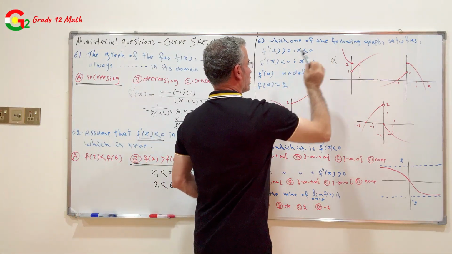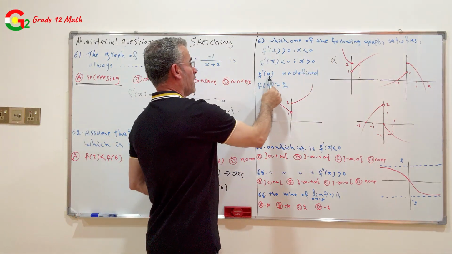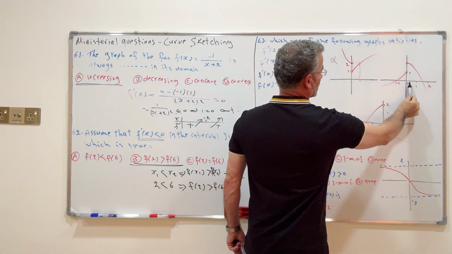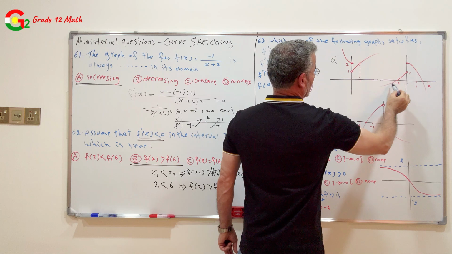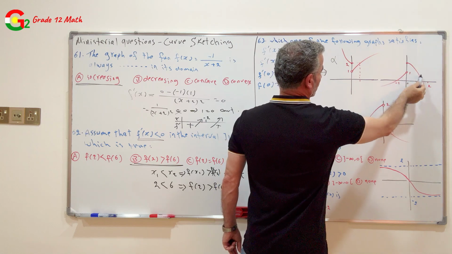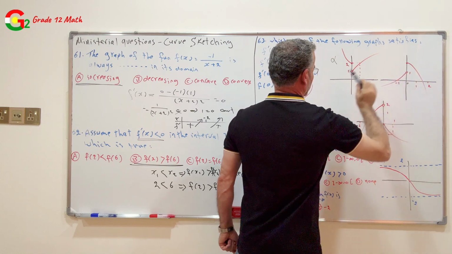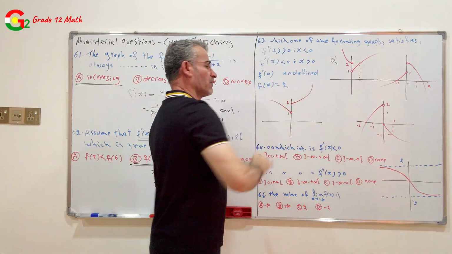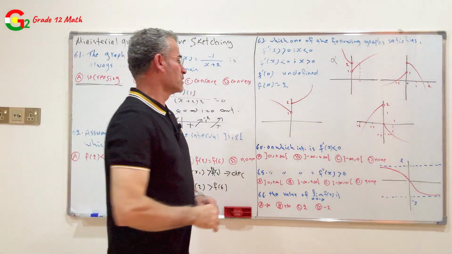Also, this condition is satisfied. F prime of 0 is undefined because the limit from the left does not equal the limit from the right. The slope from the left is 1, from the right is 2. Therefore, this condition is also satisfied.